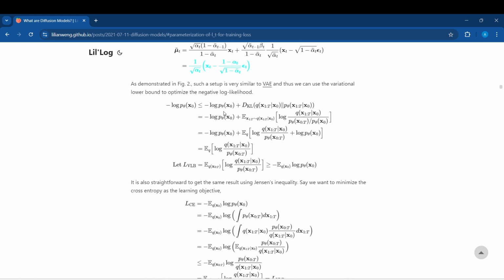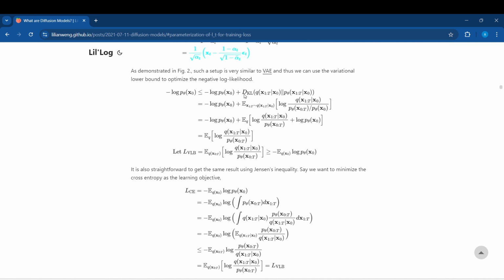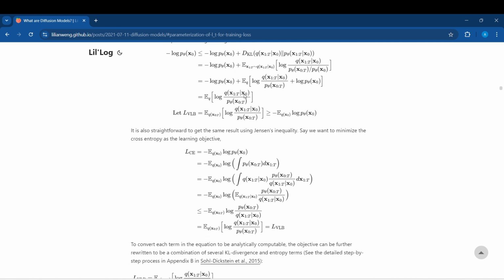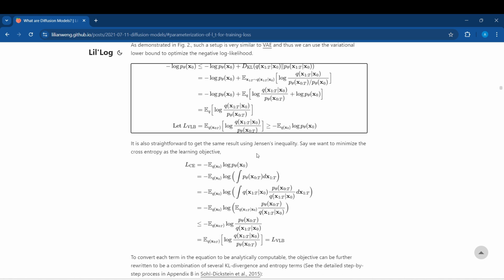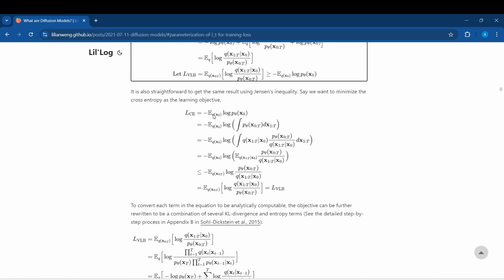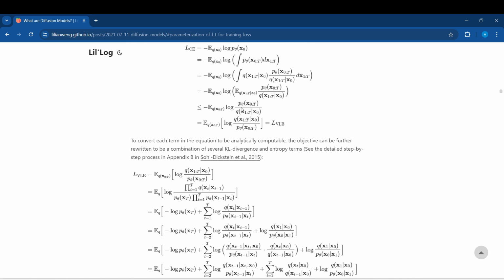So we optimize using the variational lower bound on the negative log likelihood, and we get this variational bound, which we can also get from Jensen's inequality.